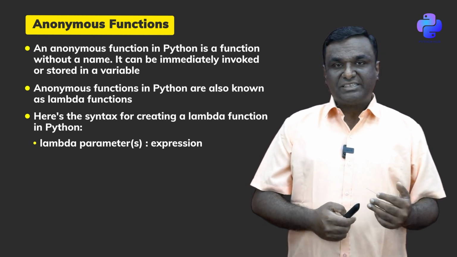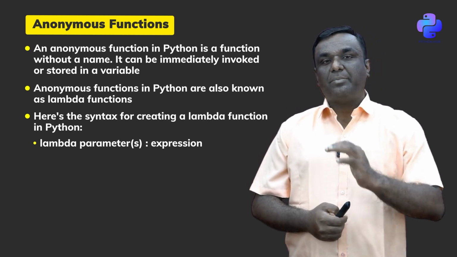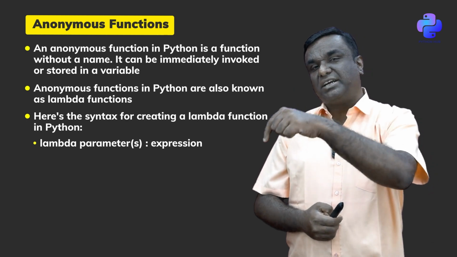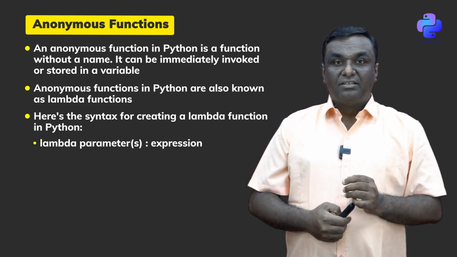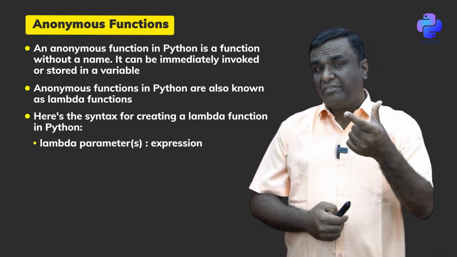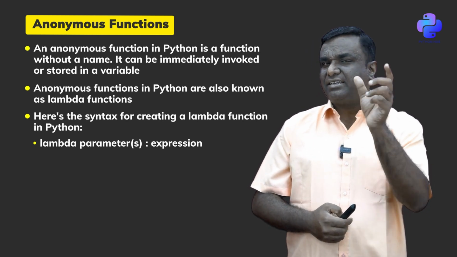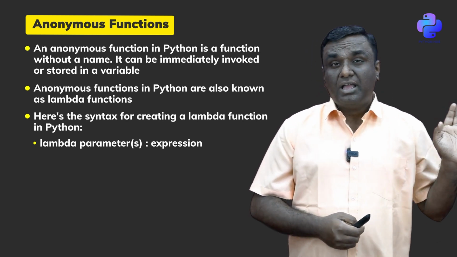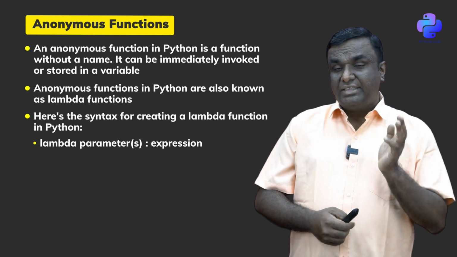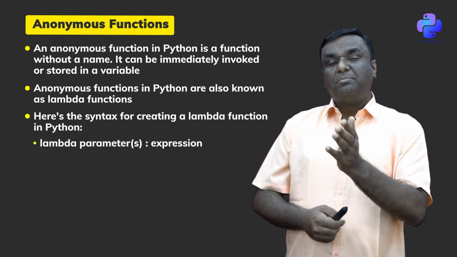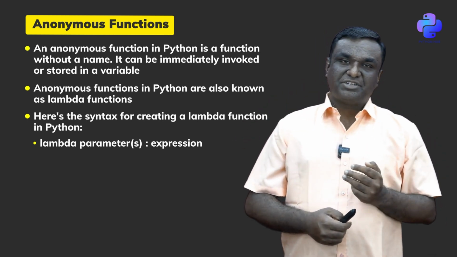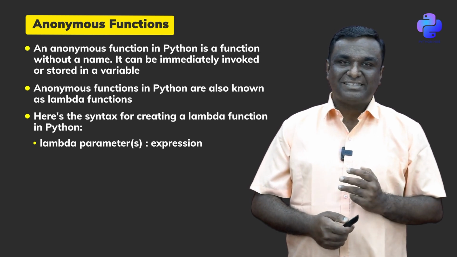That is, you are saying that I am going to pass these parameters, which are going to be substituted in this expression. There is no name to this function, so you're not giving the function name. You're just directly saying that it's lambda. That means it's an anonymous function. These parameters, whatever I'm giving, please substitute in the expression.